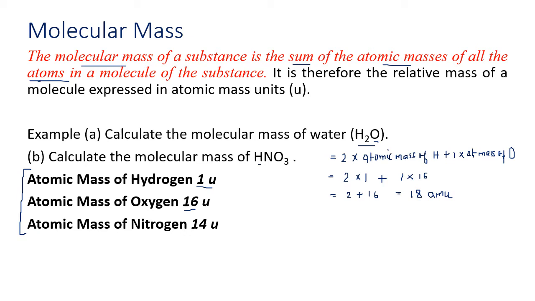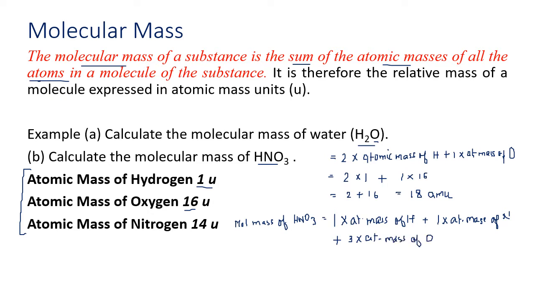Now calculating the mass of HNO3, that is nitric acid. The molecular mass of HNO3: it contains one hydrogen, so 1 into the atomic mass of hydrogen, plus 1 nitrogen, so 1 into the atomic mass of nitrogen, plus 3 oxygen, so plus 3 into the atomic mass of oxygen.